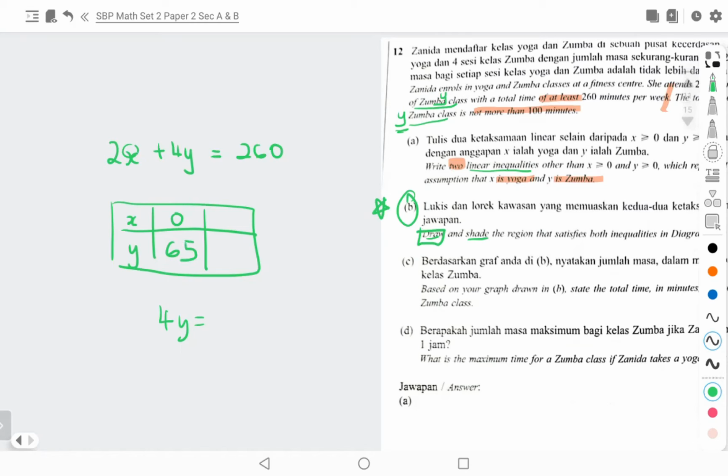Okay. Then another one, you can choose 100. When x equal to 100, so 200, 160 divided by 4, so it will be 40. Okay, substitute only.